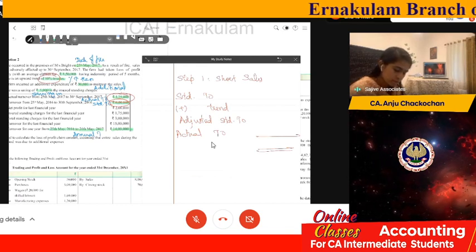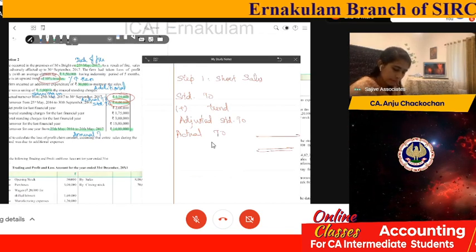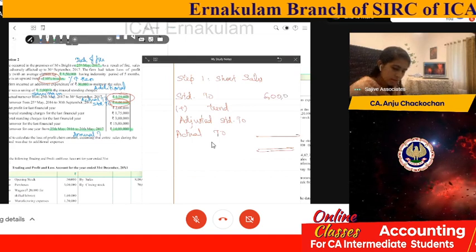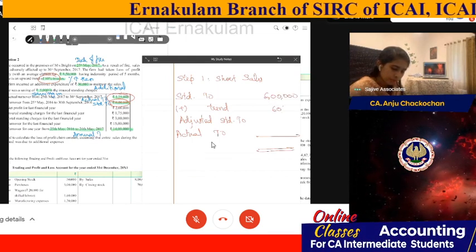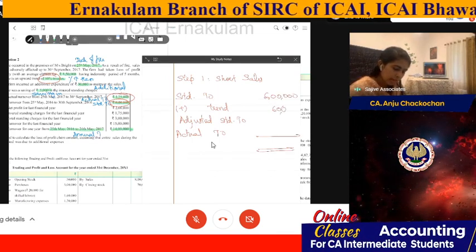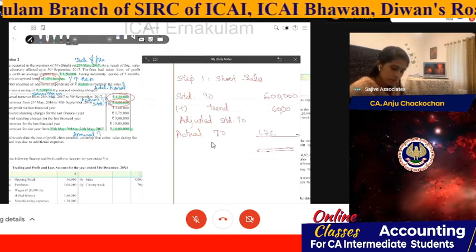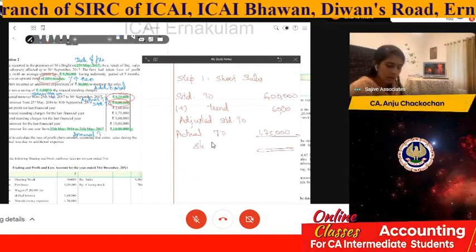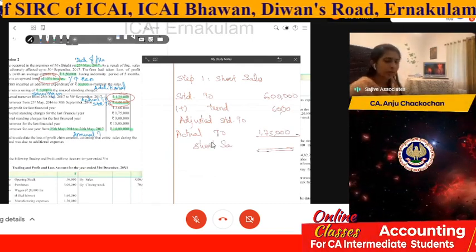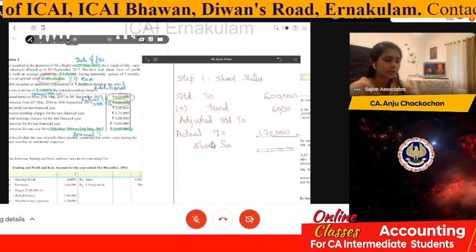Standard turnover is 6 lakh, 10 percentage, and the actual will be 1,75,000. You get your short sales. Compute that, everyone.